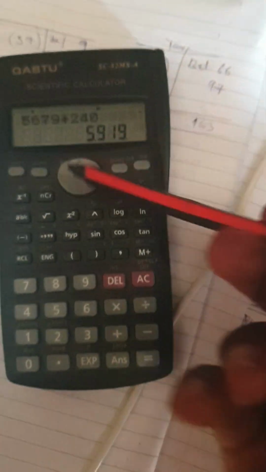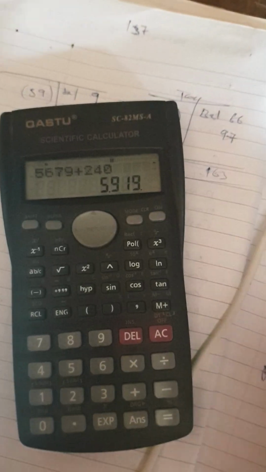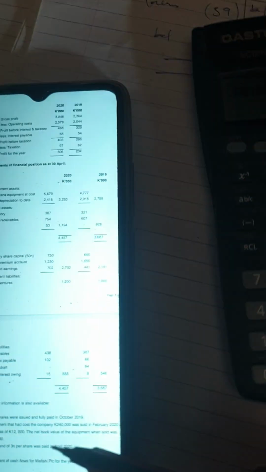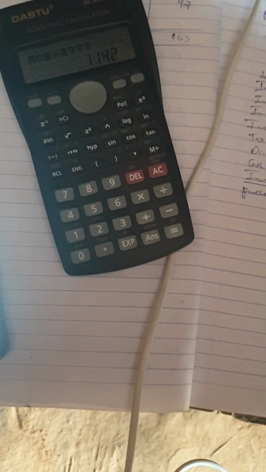But in the opening, this value was there, so I've added it to the closing. Then we're going to subtract the opening. So the opening in our case was 4777. So which means the value of assets that we purchased were 1142. Since we purchased, money went outside, it's an outflow. We'll write it in brackets. 1142. Okay, that's the figure that we need there.